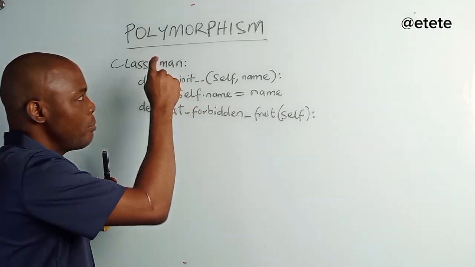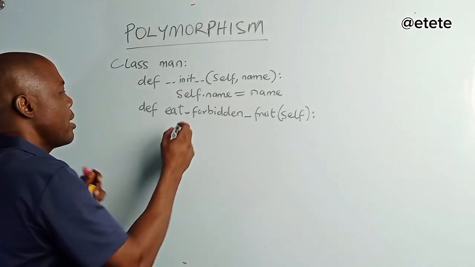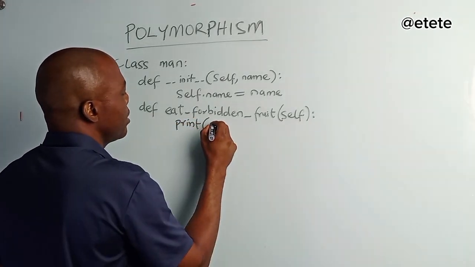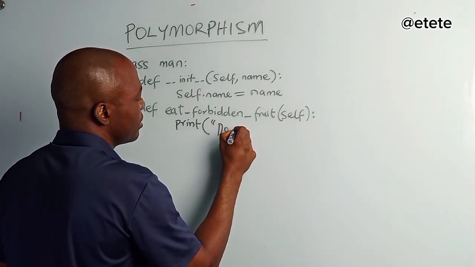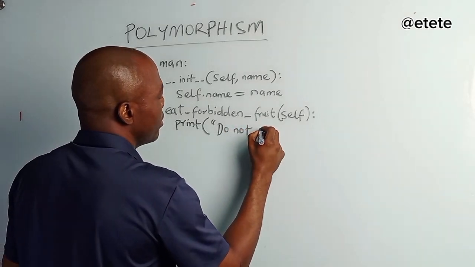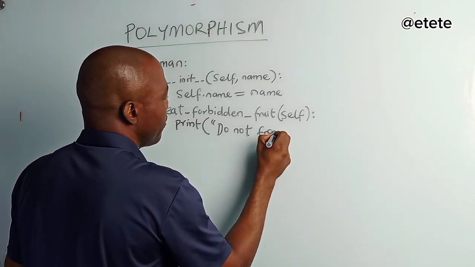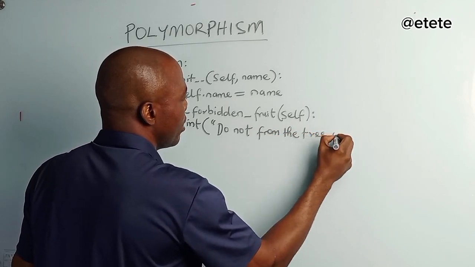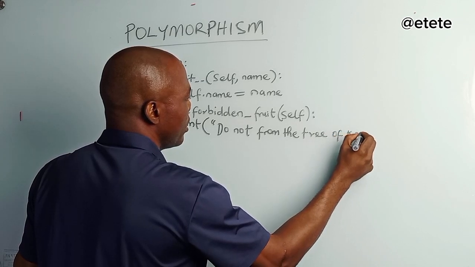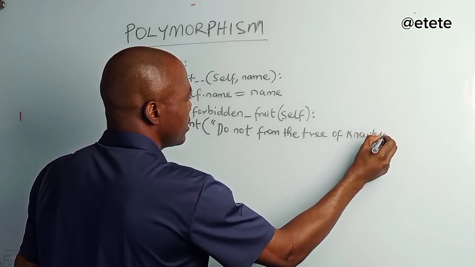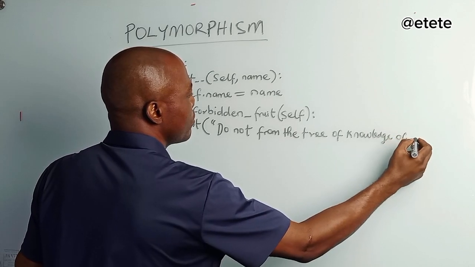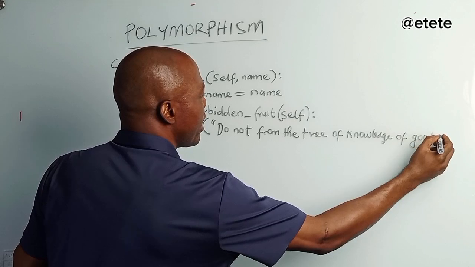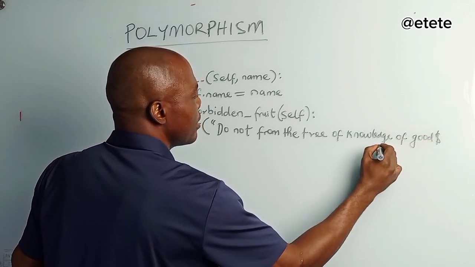Now inside this parent class, what will be the instruction? It will print: "Do not eat from the tree of knowledge of good and evil."